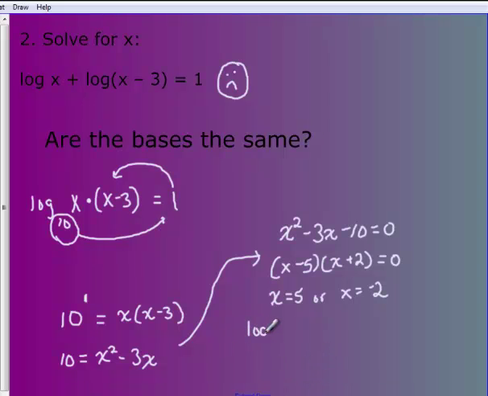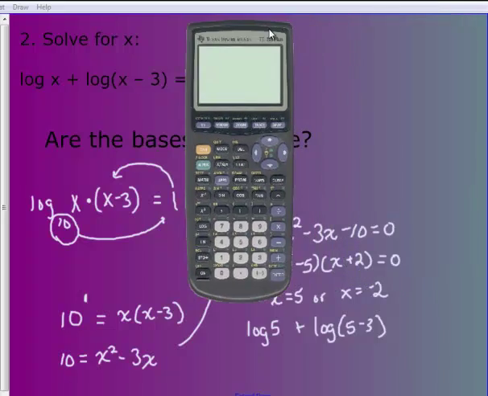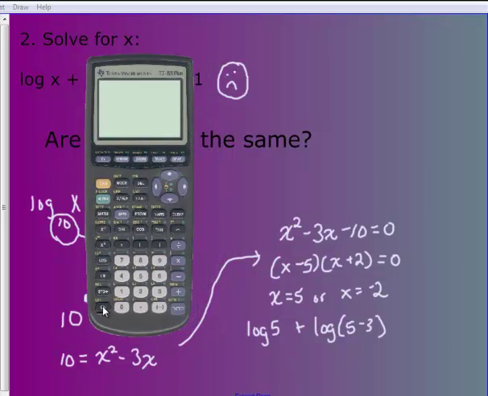And if you put in the log of 5 plus the log of 5 minus 3, let's get our calculator out and type that in. Log 5 plus log of 2. You can do 5 minus 3, and what do we get? 1. Excellent. This is an answer. Let's take negative 2 in.